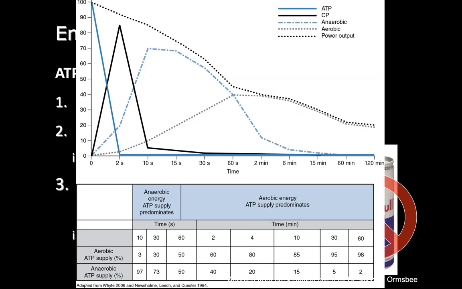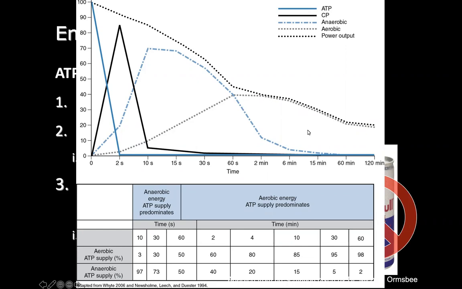And so let's talk about an endurance event. Let's say you're going out and running a 5K for time. Depending on how well trained you are, 5K is going to last anywhere between 18 minutes and 30 minutes. Well, that intensity is much lower if we follow this black dotted line here, right?